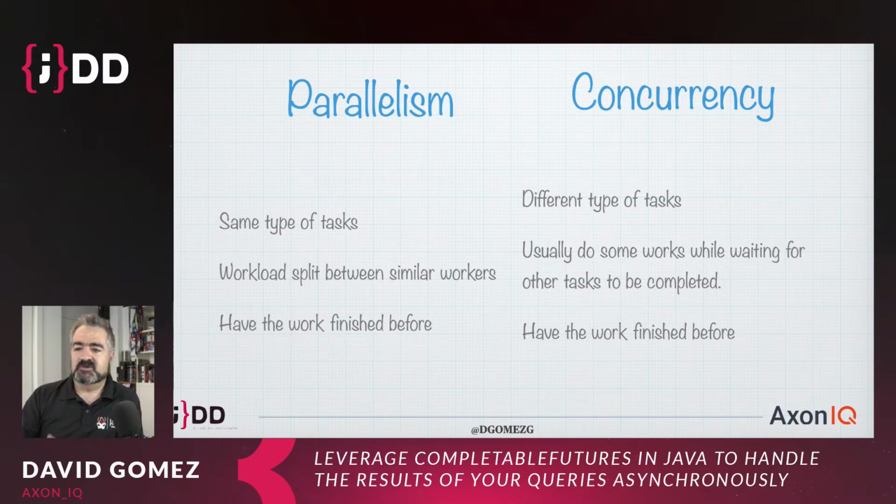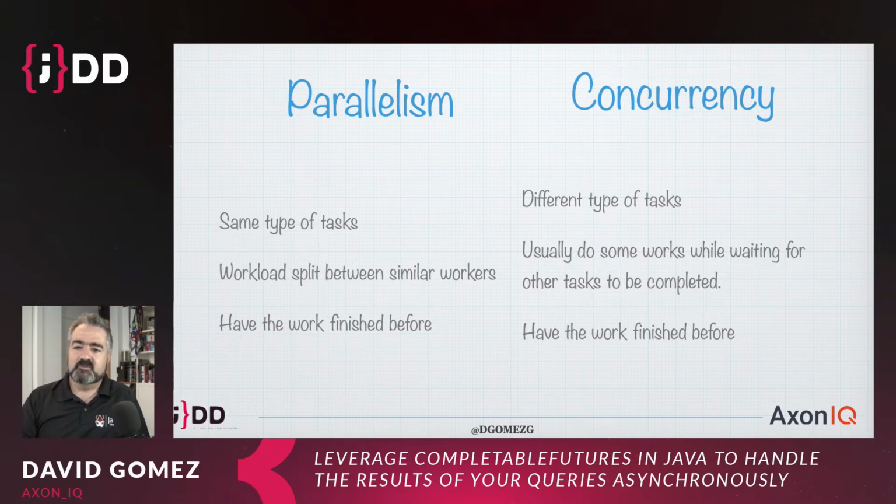So this is more or less concurrency. Concurrency means that instead of waiting until something happens or some task is finished, we try to use that time to do something else that will be useful afterwards. In the same way that parallelism is a strategy that we use to get the whole workload done as soon as possible, concurrency is exactly the same. Our goal is to have the work finished as soon as possible.